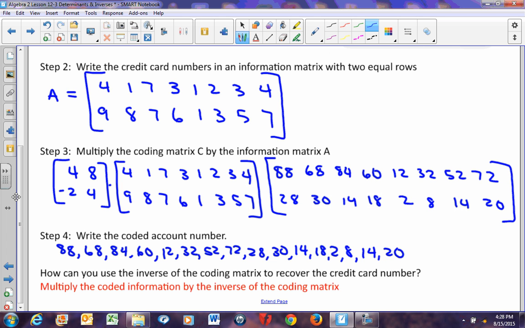And then it says, how can you use the inverse of the coding matrix to recover the credit card number? All you have to do is multiply the coded information by the inverse of the coding matrix.